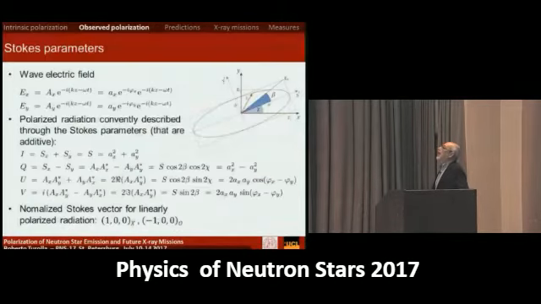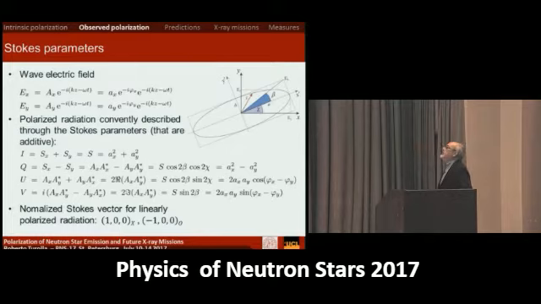What is the observed polarization signal we can expect once we know how to describe the intrinsic polarization? Well, let me just remind, this is a rather obvious point, that polarized radiation is most conveniently described using the Stokes parameters.